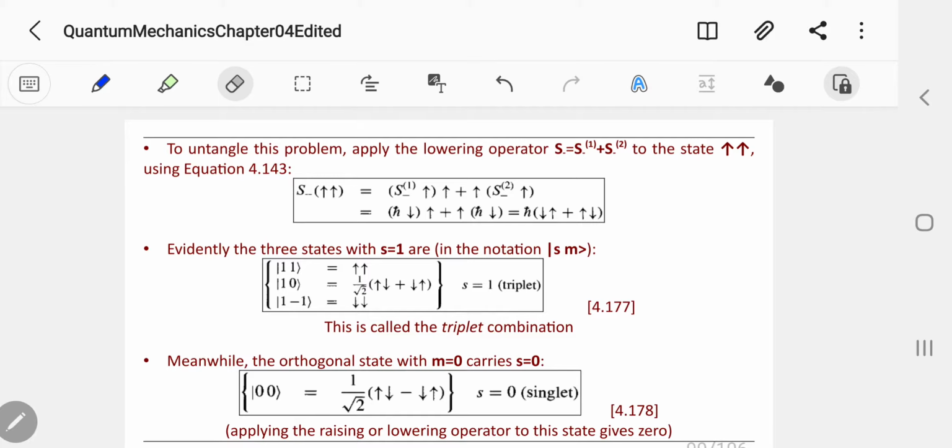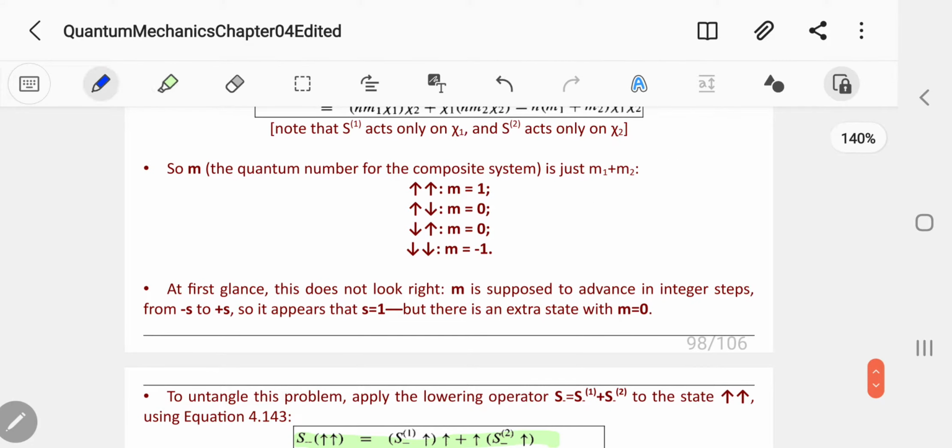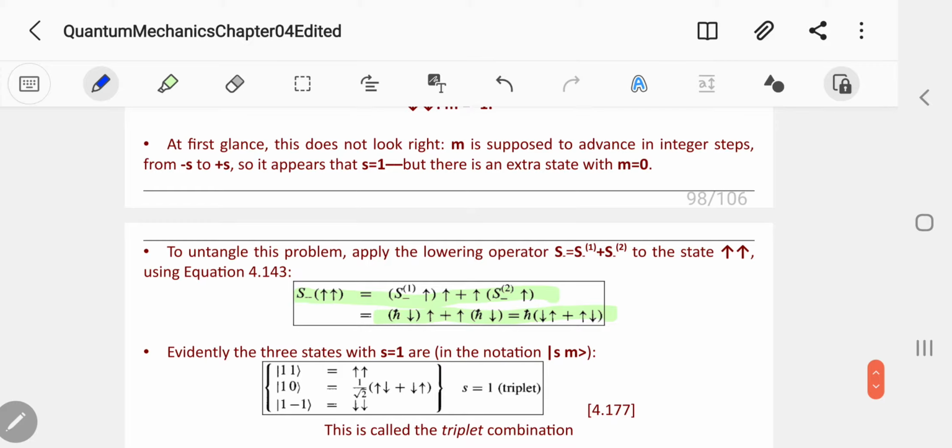So here, if you apply this one here, then you would get this state. This is exactly what we're looking for, the combination of these two. It's not separate, but a linear combination of these two states, which has a magnetic moment 0.